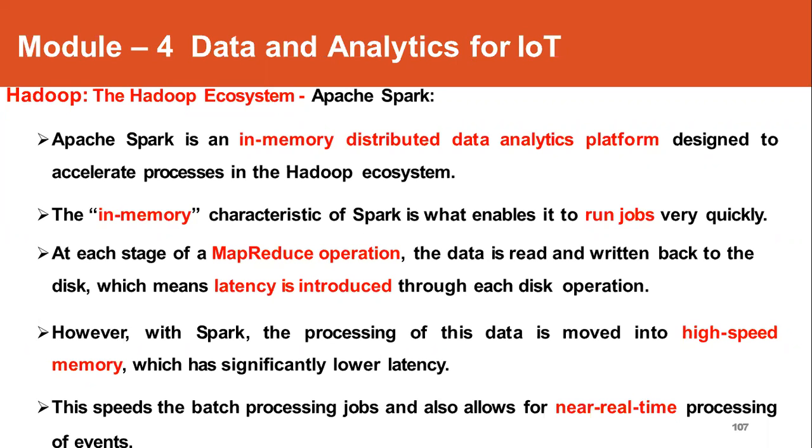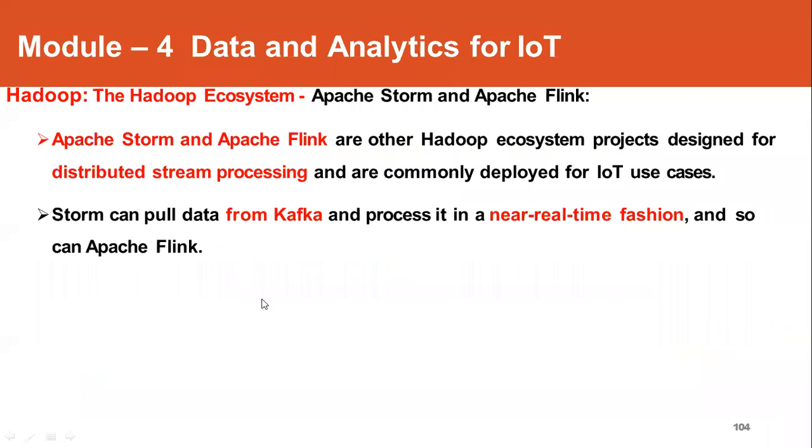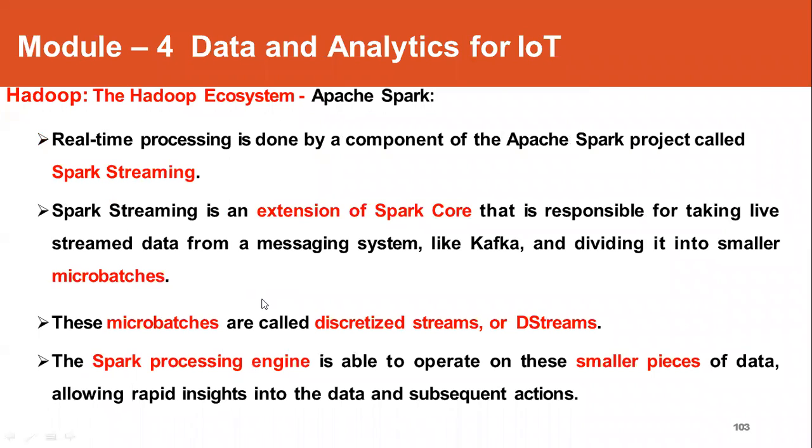So here you can observe that Apache Spark will read the data and store it in the primary memory of a node so that it can be processed in a faster way, instead of reading and writing from the disk each and every time.